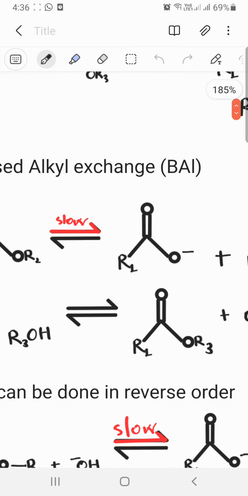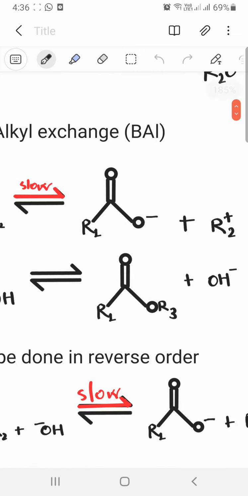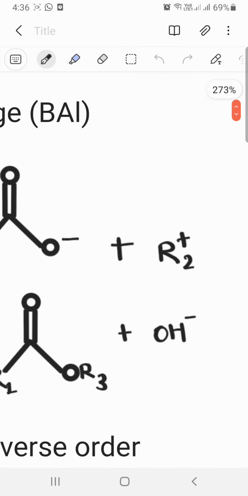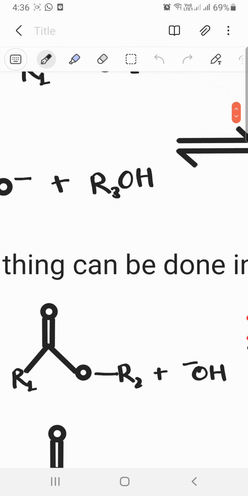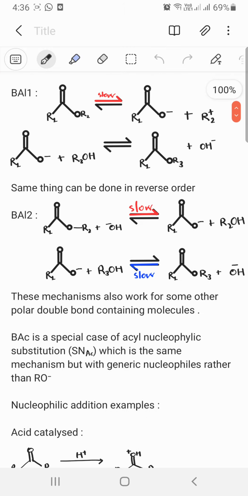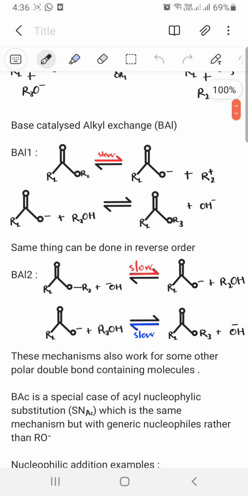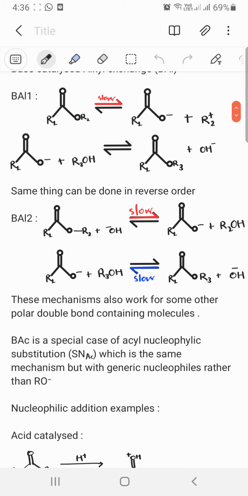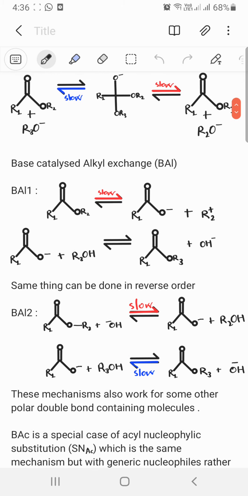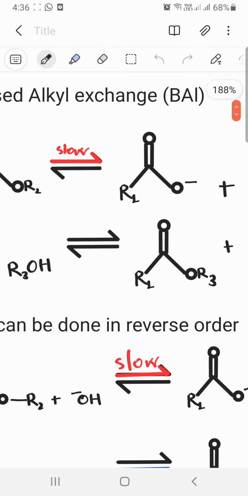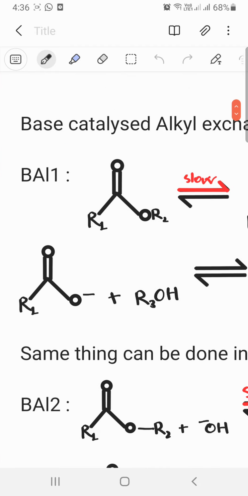So this R1COO minus thing, that's like a good leaving group, so basically just R2 plus that's generated, and then from there you can hydrolyze to get this thing, or solvolyze. So R3OH would be the solvent in this case, and that will give us this thing. Okay, same thing can be done in reverse order as well. So that will convert this R1COOR3 to R1COOR2.